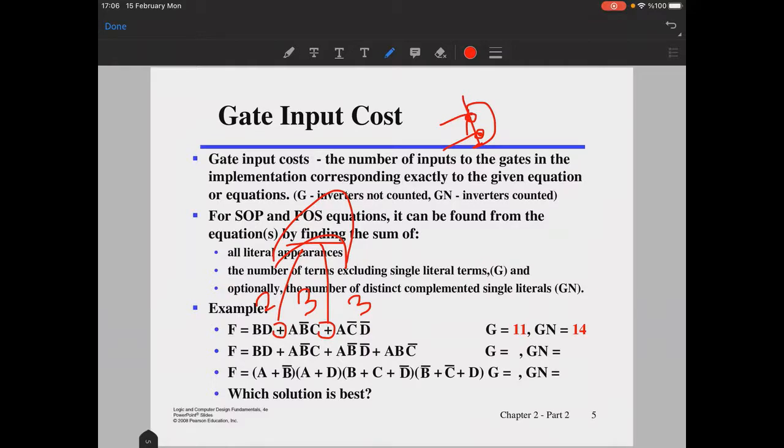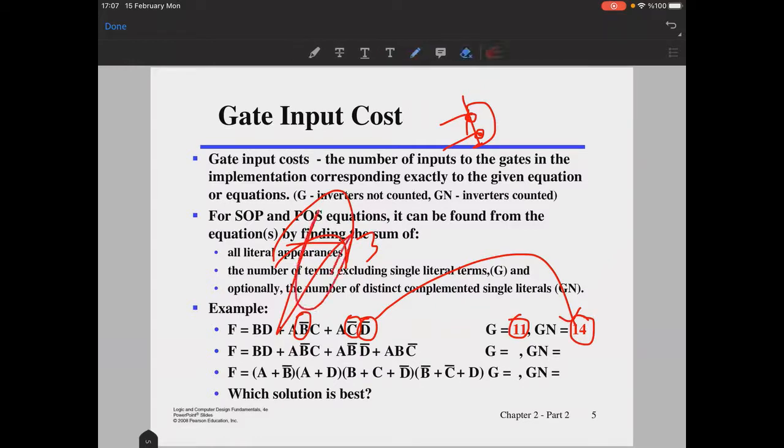I'm sorry, so what you have here will be 3, 3, 2 coming from the literals. You see, it's 8 plus 3, 4 OR gate. So you get 11. What if you count the nots as well? The inverted as well. B is inverted, C is inverted, and D is inverted. It means that you add 3 for this. Now you will have 14.